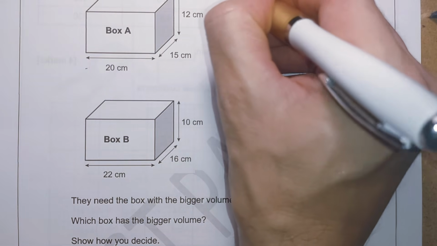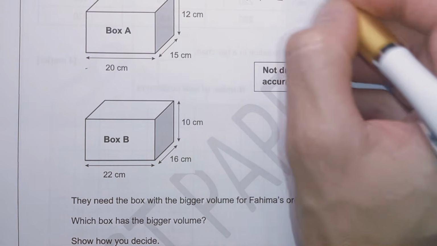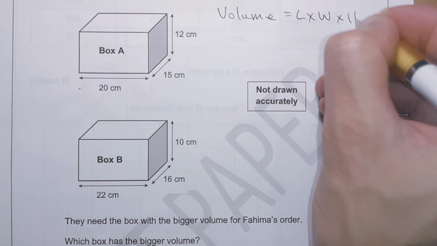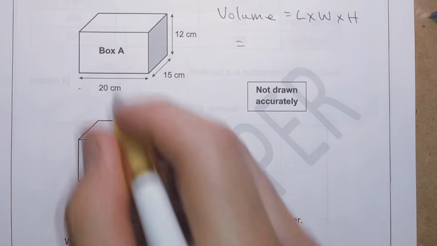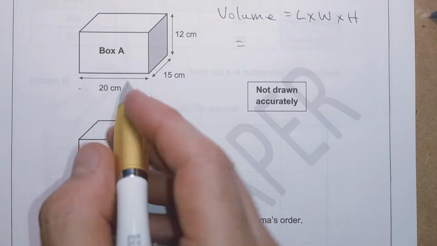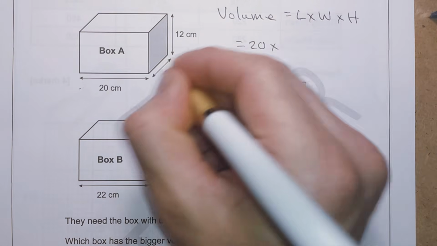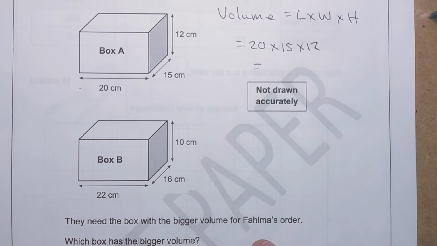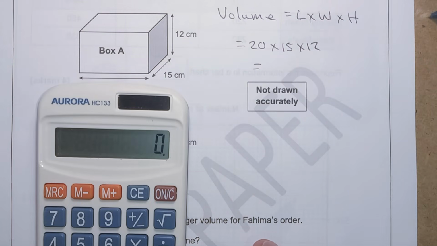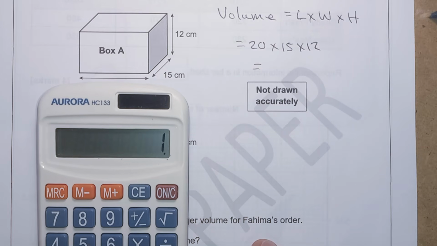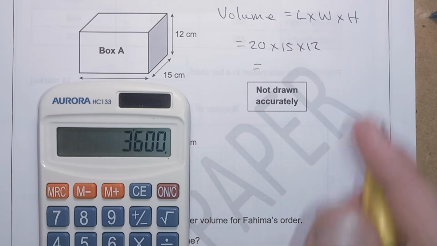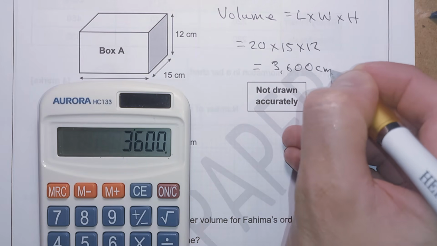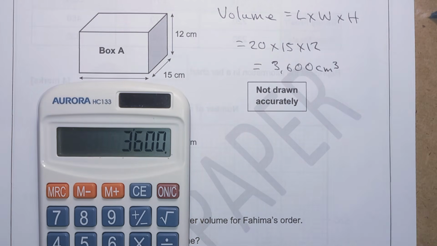Well, the volume of a cuboid is calculated as the length times the width times the height. So for box A, it's going to be 20 times 15 times 12. And of course, it doesn't matter which order you multiply them because they're all multiplying. And we get 3,600, and that's centimetres cubed.